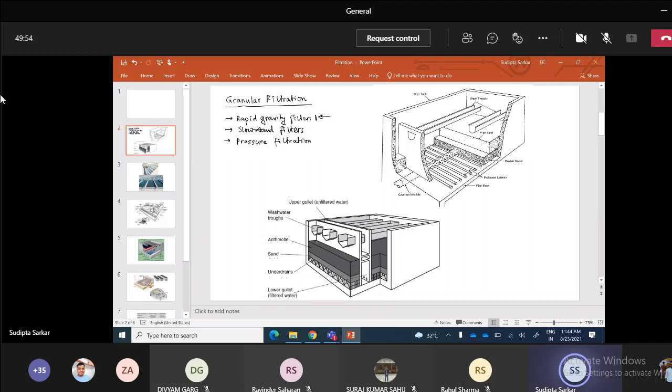Okay, so all about rapid gravity filters, you have probably gone through these formulas in your BTech days about how to calculate the head loss through the filters and all. We'll have a look at it, but before that I want to discuss how a rapid gravity filter looks in the real world.